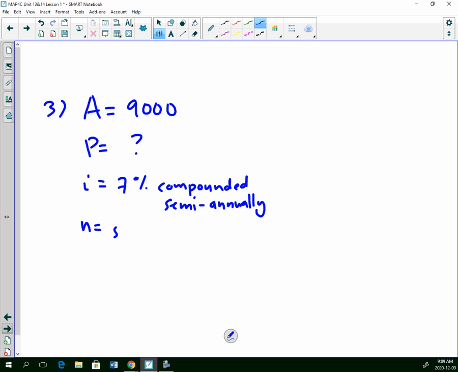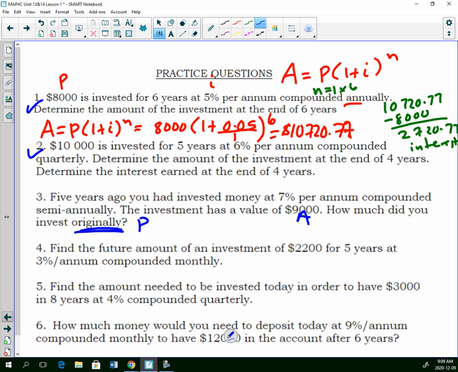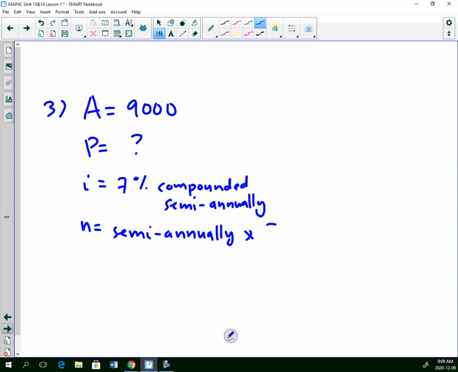And N is semi-annually, and it is for 5 years, right? So N will be semi-annually, so twice a year for 5 years. So N will be 10. Okay.